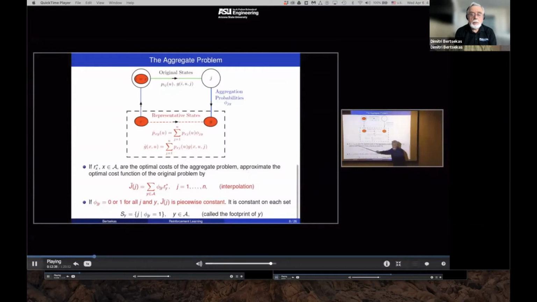It gives me these numbers here, and I use these numbers to obtain a piecewise interpolated cost function on the entire state space, which is piecewise constant in this special case, where all the phis are either 0 or 1. Okay? So basically, that's the aggregation framework of representative states.